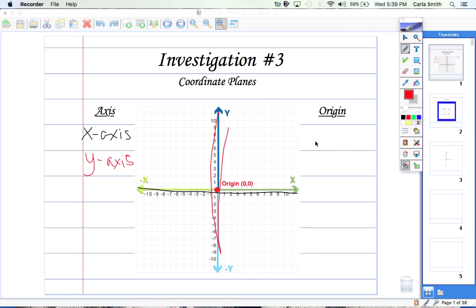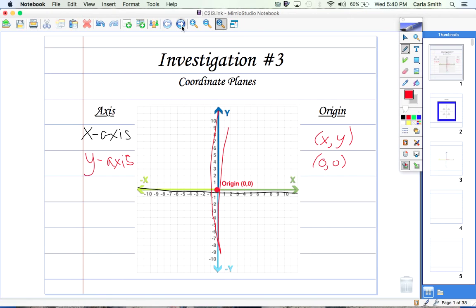So our origin is going to be written with our x value and our y value. So we have x and y, so our x value is 0 and our y value is 0. So that's why it's written as 0, 0.